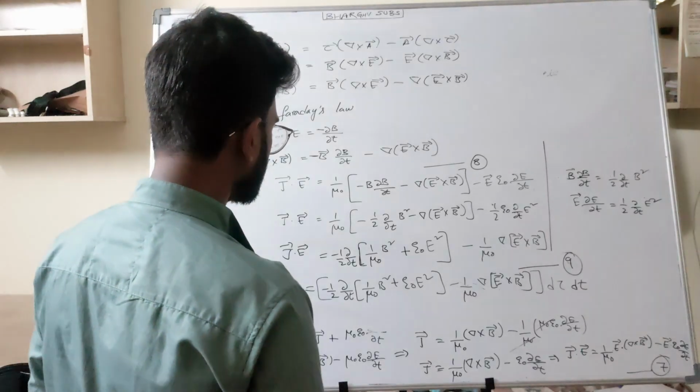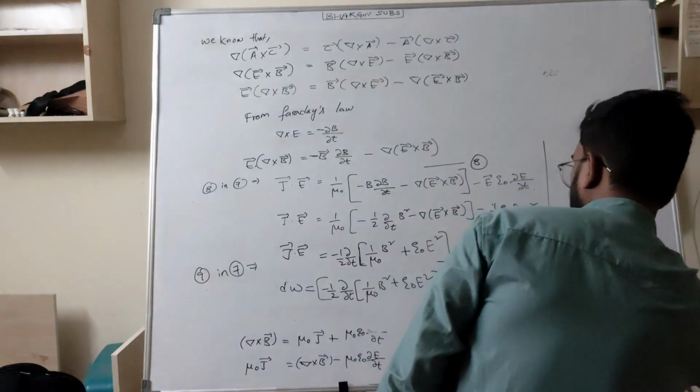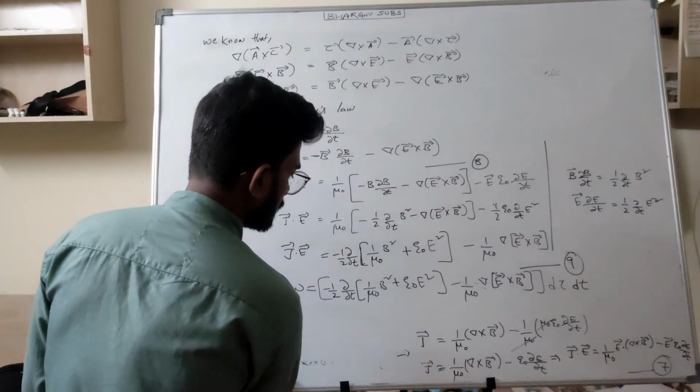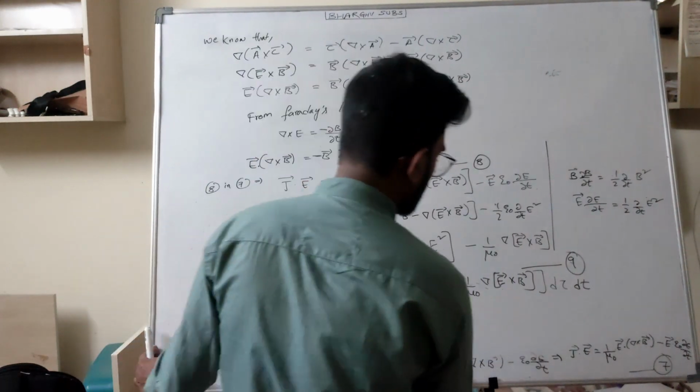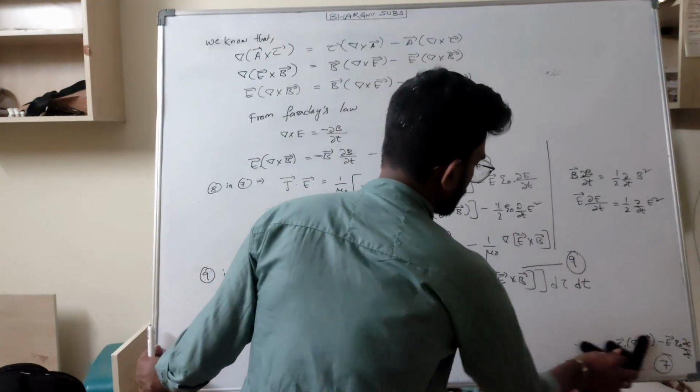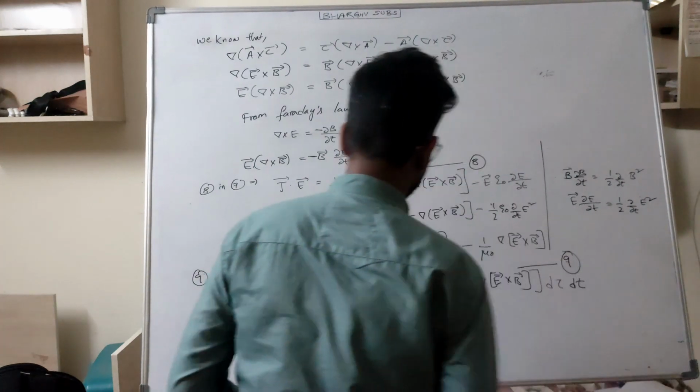Now what I am doing, I will multiply the whole equation with dτ, so I will transfer dt to the left hand side.